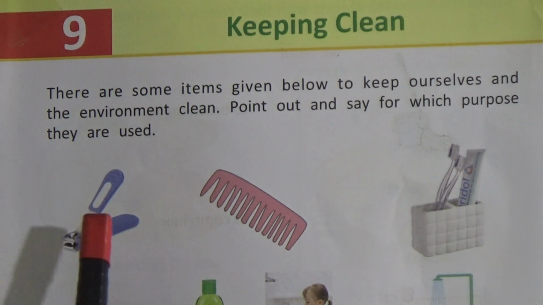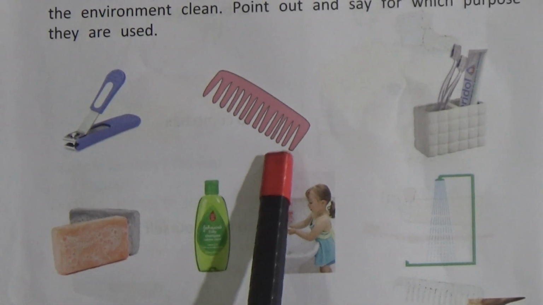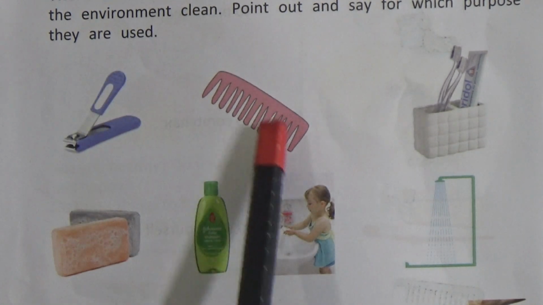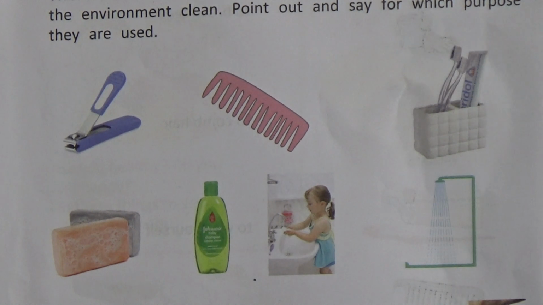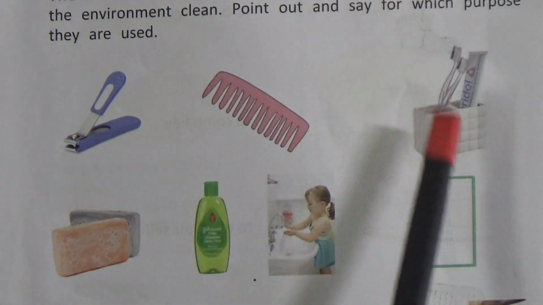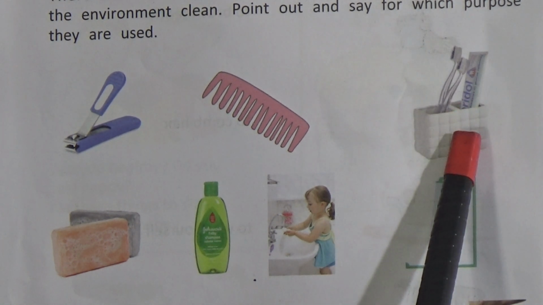We use this nail cutter to cut our nails. The second one is a comb. We use a comb to comb our hair. And look here, a toothbrush and toothpaste. We use this toothbrush and toothpaste to brush our teeth.